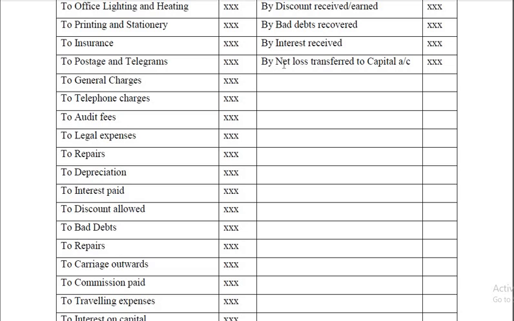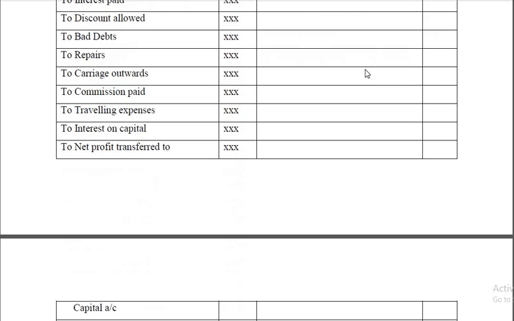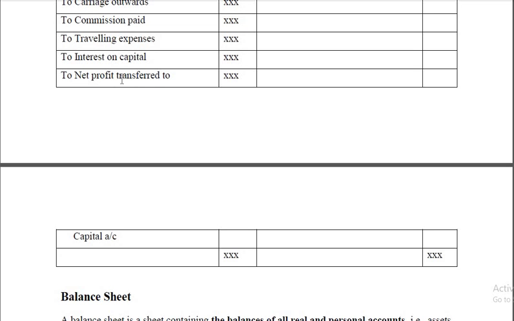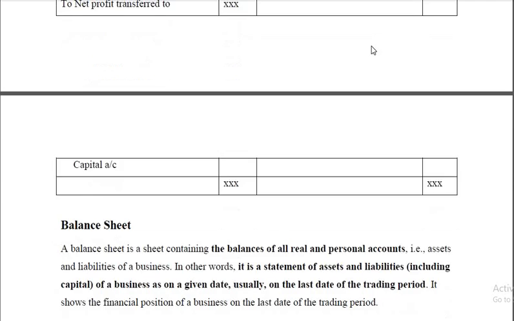Instead, you can write by capital within bracket net loss. So you cannot have both net profit and net loss simultaneously. If the credit side is more, to capital (net profit). If the debit side is more than credit side, the net loss, then by capital.